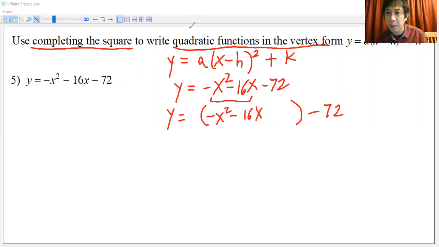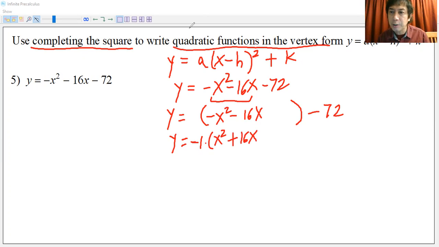So it's just grouping, okay? We did not change the problem. All right, we shall now factor out the negative in front of the x squared. So we have a negative 1 times x squared, plus 16x. Okay, so this is a negative there.